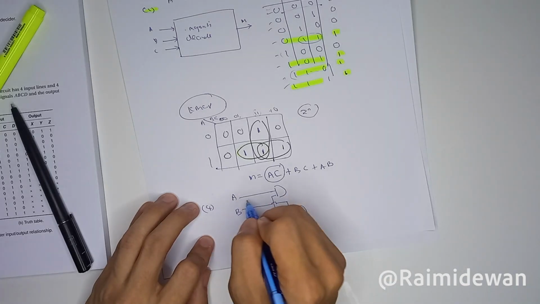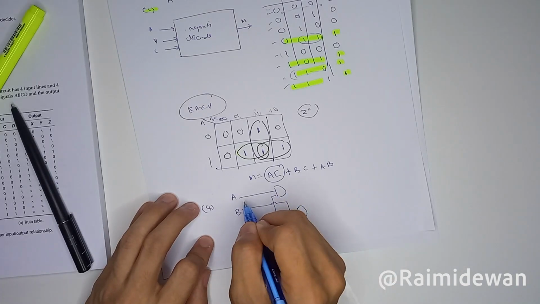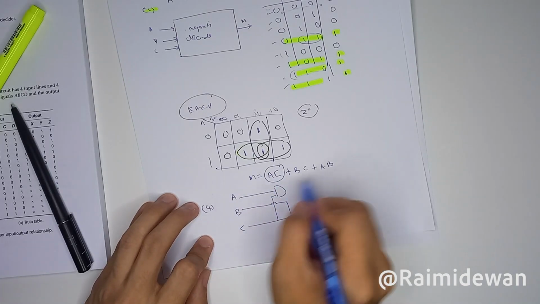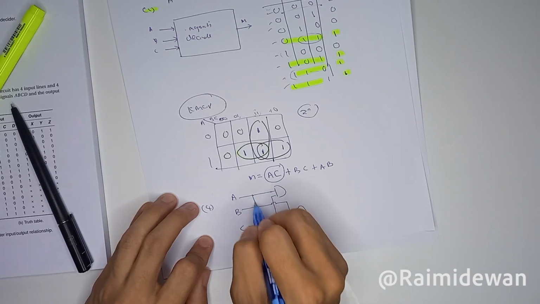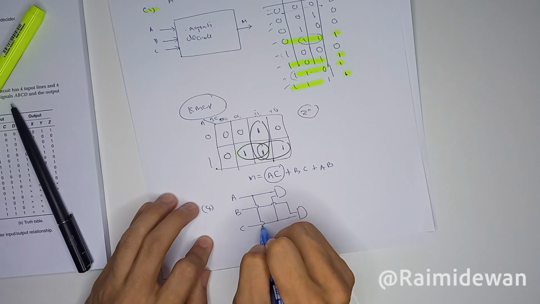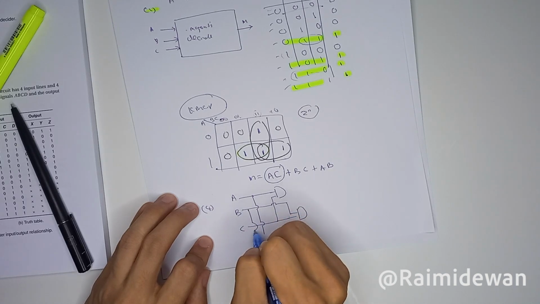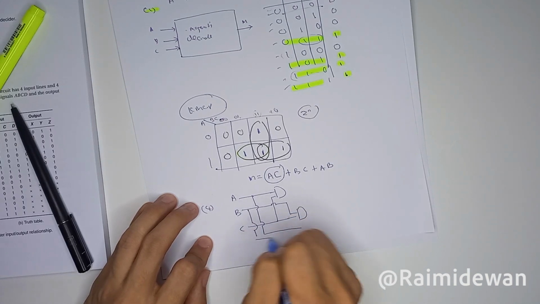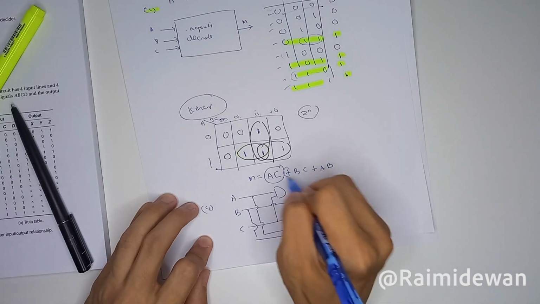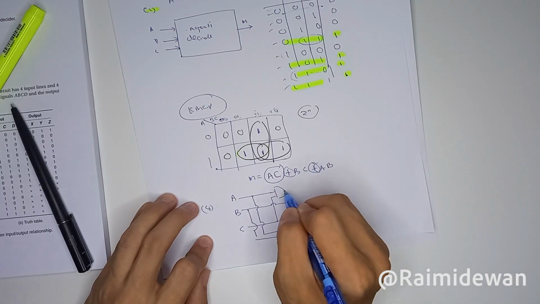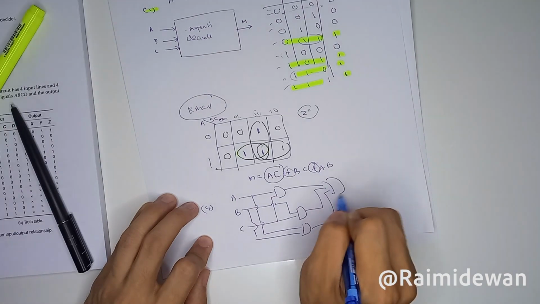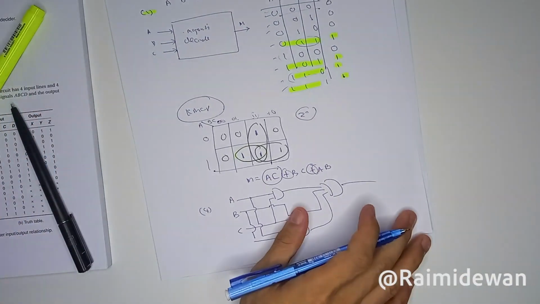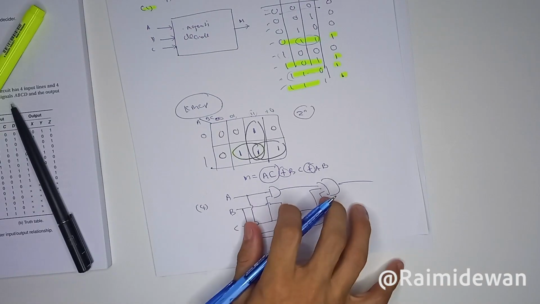And this one AB. Then you OR them together. So it's simple. This is the equivalent circuit.